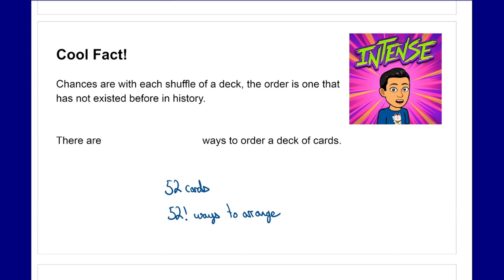So 52 factorial is 8.066 times 10 to the power of 67. So that is how many ways there are to order a deck of cards. So chances are, everything being equally random, that the order, when shuffled, is one that hasn't existed before in history, which is quite interesting, but it also shows just how many possible ways there are to do something.